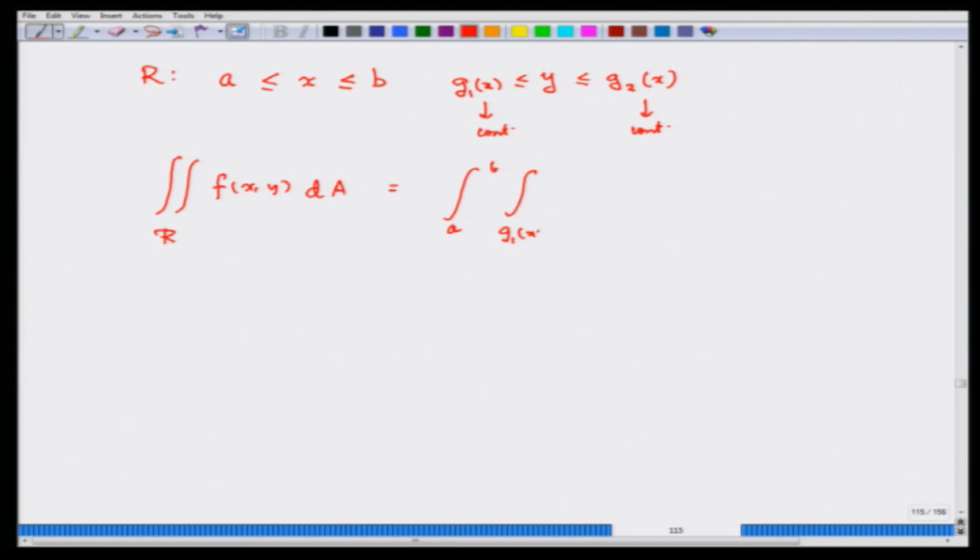So, you have to put y as the inner integration, that is, I integrate over y first and then x. It could also be different: for example, if I have a region R hat, where the range of y is fixed, but my x is varying between two functional values of y given by two functions which are continuous.